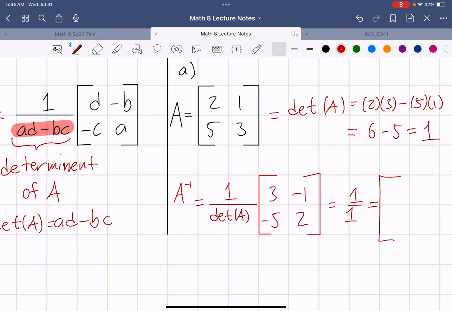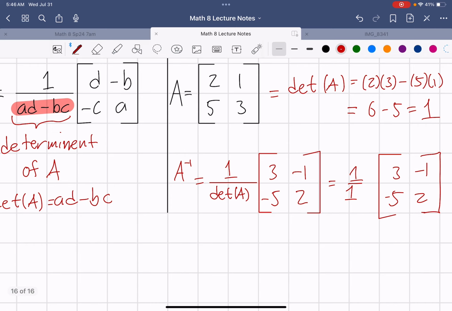And then we're left with this, because distributing that 1 isn't going to simplify this any further. But A inverse is 3, negative 1, negative 5, and 2.